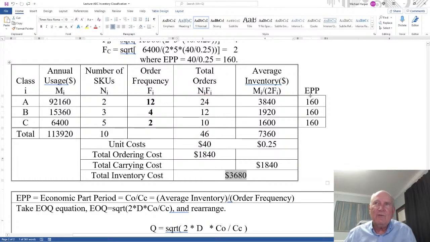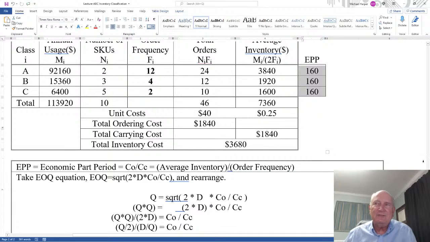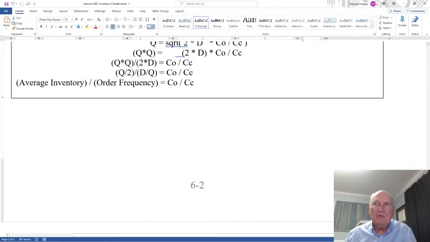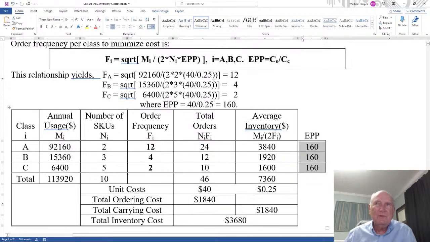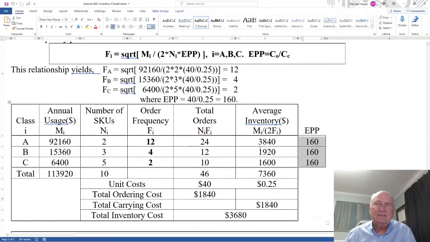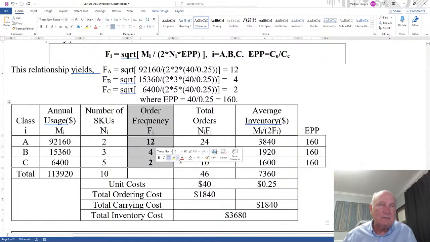Okay, and so therefore, this really represents different types of applications. I don't go into them in this video, but this suggests different ways of managing your inventory. Once you classify it, then you manage that inventory. Once you classify it, you have to determine your policy.